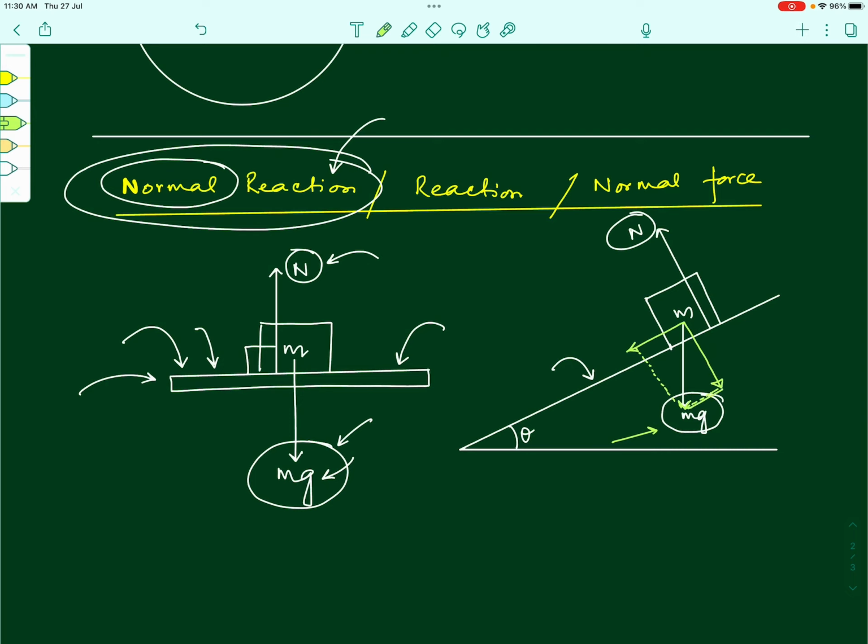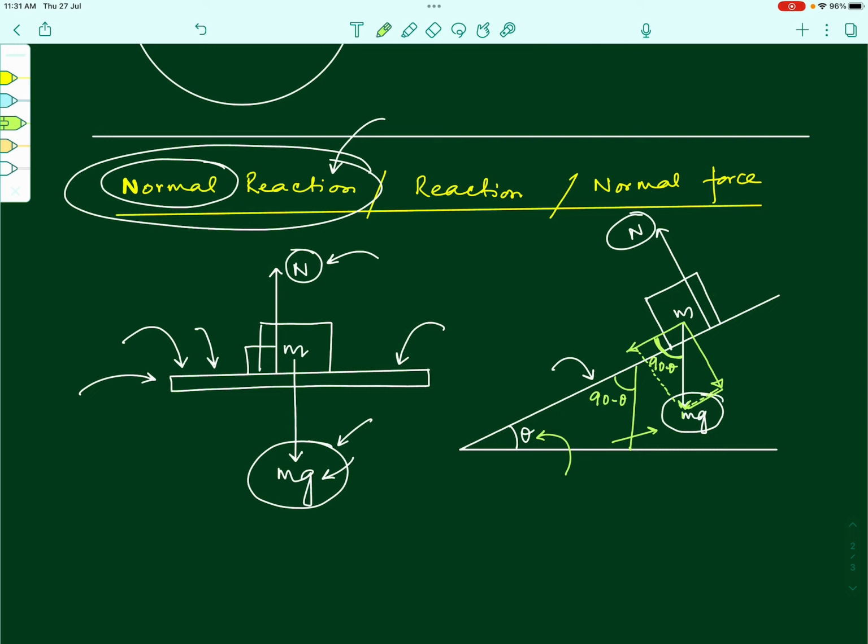If you look at the geometry of the figure carefully, if this angle is theta here, we can easily see that if I draw a line over here, this angle would be 90 minus theta. And this angle is the same as this angle here. See it carefully, these two are the same angles. So this angle will also be 90 minus theta.